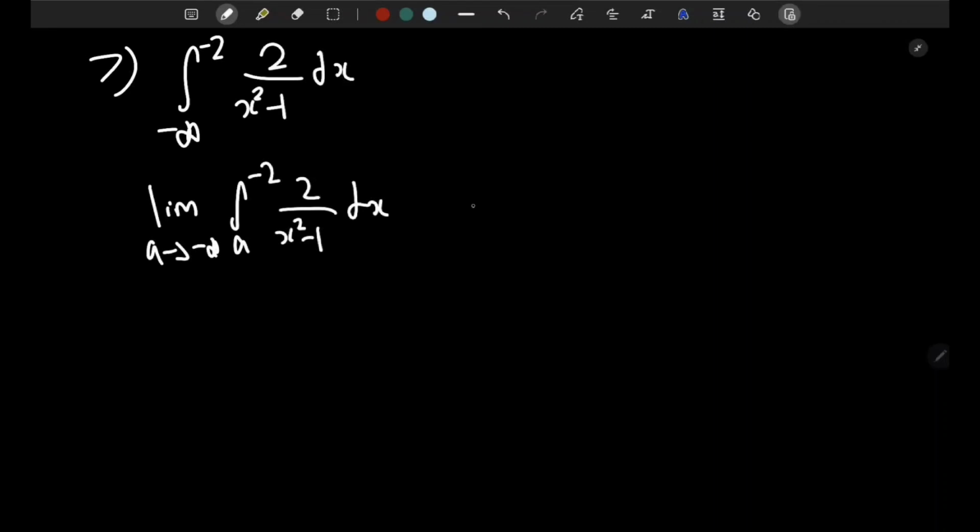So here we have, I'm going to do it on the side, 2 over x squared minus 1. The degree of the denominator is 2, so we have two unknowns, and the two factors are x minus 1 and x plus 1. So here is going to be a over x minus 1 plus b over x plus 1.